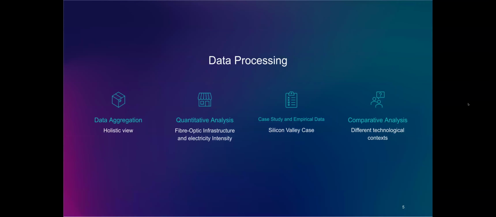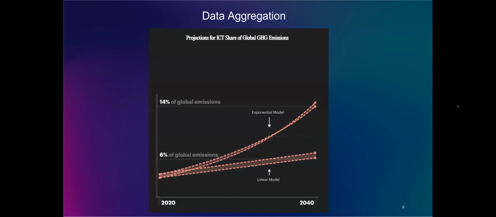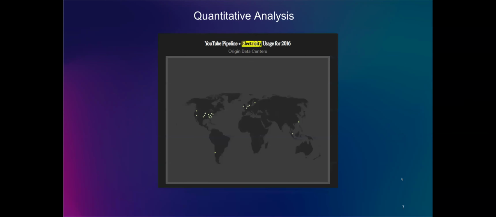As for the data processing, there are 4 different methods: data aggregation, quantitative analysis, case study, and also comparative analysis. As we can see, for the data aggregation, it built up the projection for ICT shares and global emissions in the future, up to 2040.